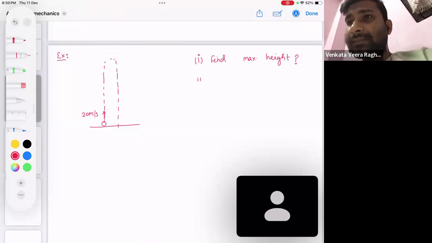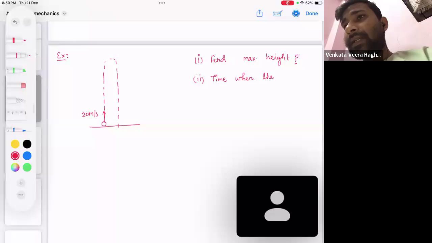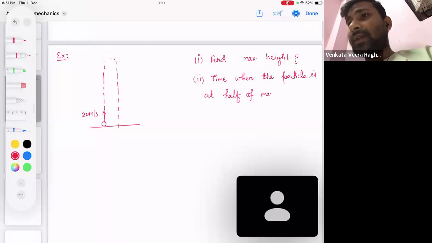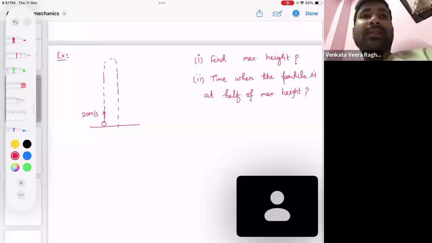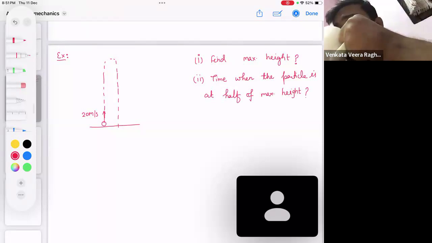And the second thing, time when the particle is at half of the maximum height. Now to solve this question, I need the maximum height. Then only will I be able to find the time taken to reach half of the maximum height.